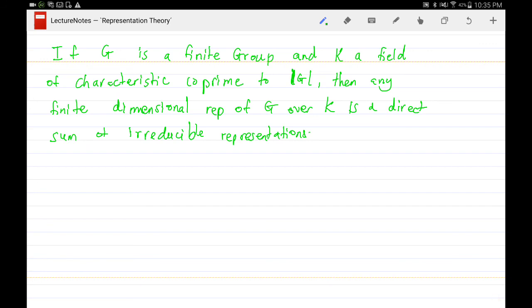Now, why is this true? I'm not going to write this out, but I'll just say it out loud. We have already proved that given a sub-representation space or a vector space V, we can always, by Maschke's theorem, find another vector space which turns out to be a sub-representation space also in such a way that the direct sum of these two sub-representation spaces gives us the original vector space V. Now, these sub-representation spaces may be reducible.